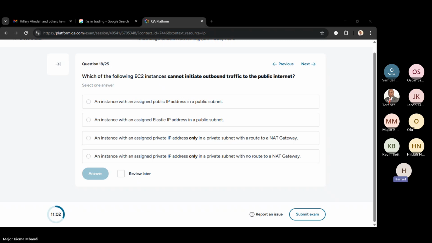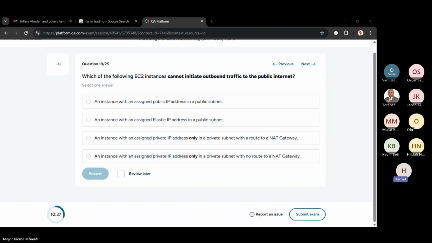B. An instance with an assigned elastic IP address in a public subnet. C. An instance with an assigned private IP address only in a private subnet with a route to a NAT gateway. D. An instance with an assigned private IP address only in a private subnet with no route to a NAT gateway.